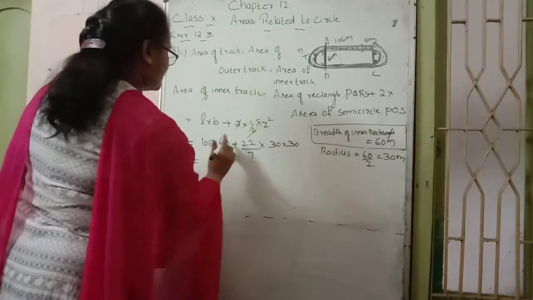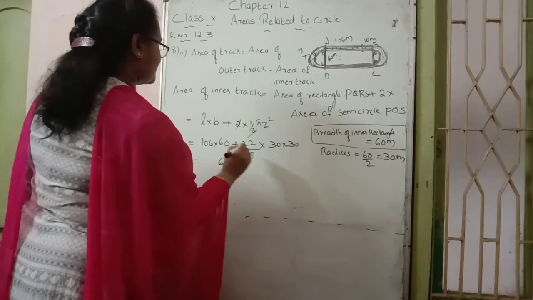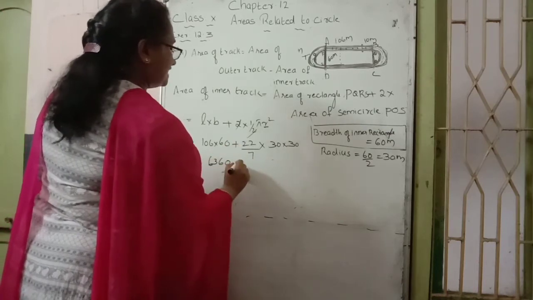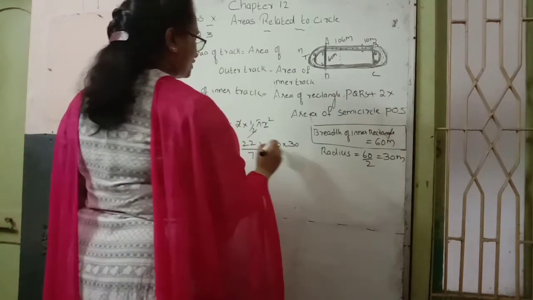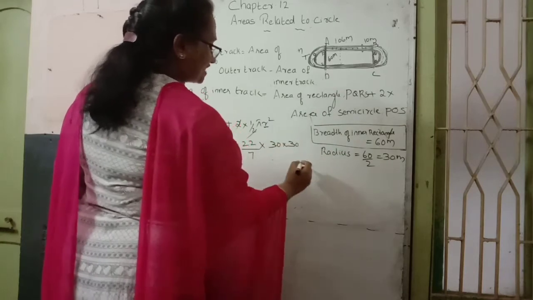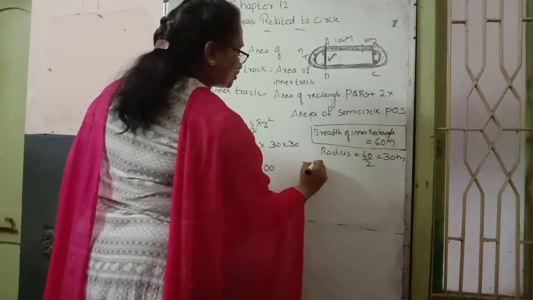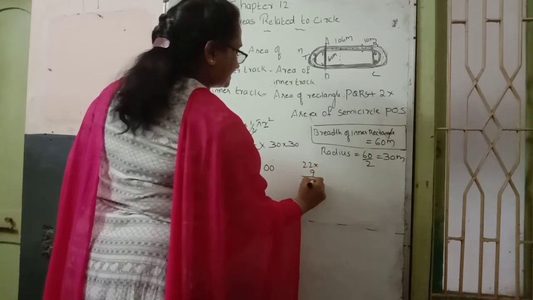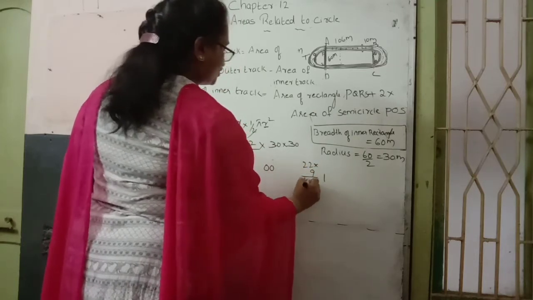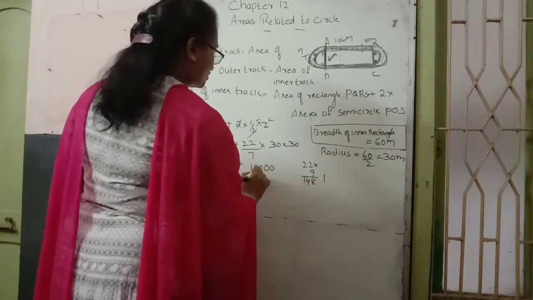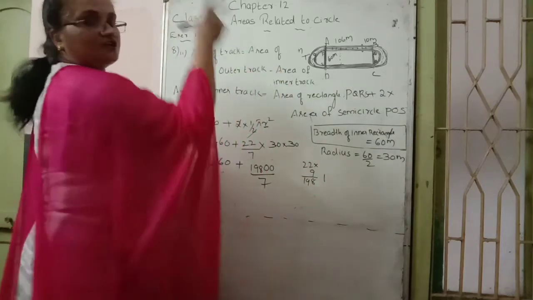One note: 1 0, 6 6s are 36, 36, plus here also cancellation is not possible. 3 into 3 is 9, then 2 zeros are coming. Then 22 multiplied with 9 is 198, so 19800 divided by 7. So that is the inner radius part.